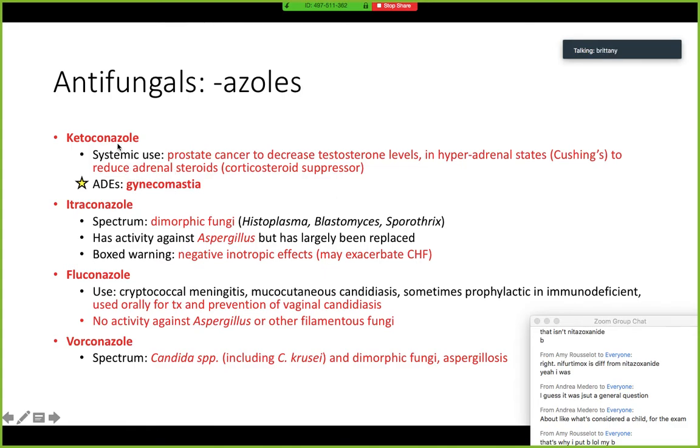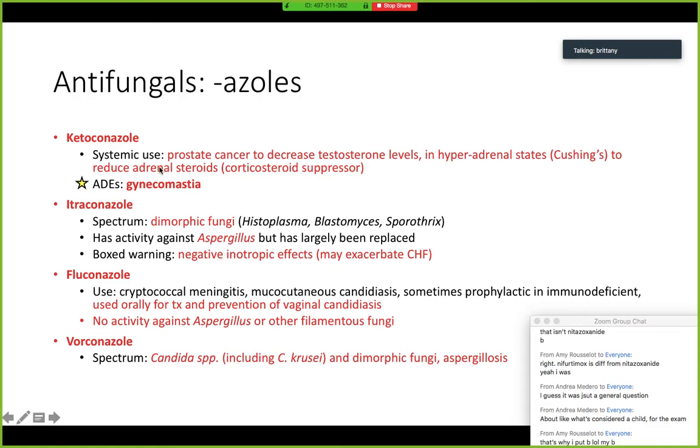The most high yield thing from this slide is the fact that ketoconazole has an adverse effect of gynecomastia. So you'll likely be given a question stem saying your male patient is being treated for something like prostate cancer or Cushing's, and now he presents to the clinic concerned because it looks like he's developing female breasts.